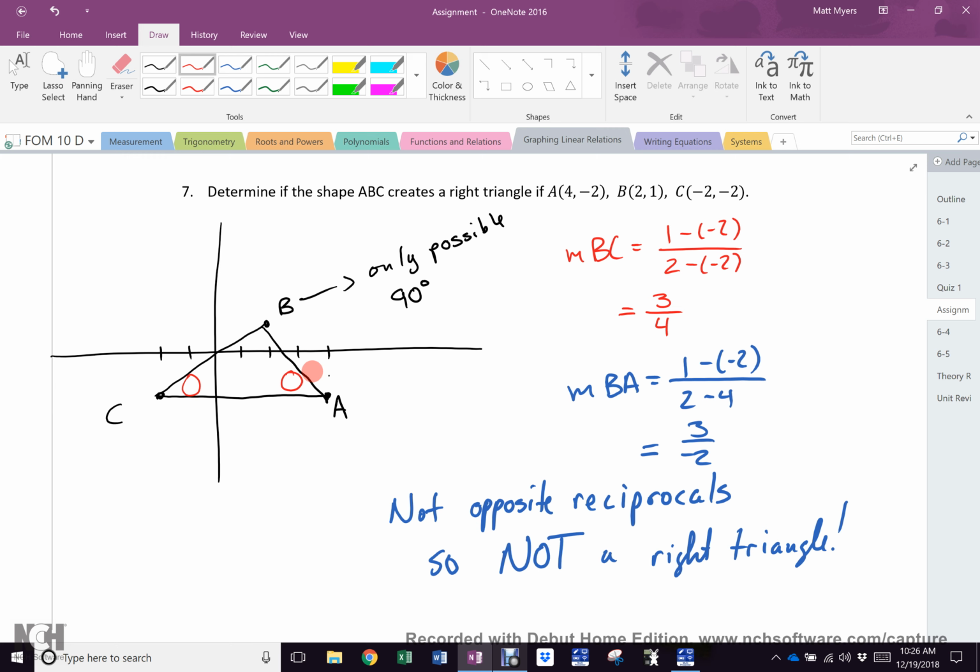Well, unless you check, if you didn't sketch it, you'd have to check all 3. When you sketch it, the only one it could possibly be is here. These 2 are obviously not right angles. So this is the only one you should have checked. If you were only going to check one, you got to check that one. If you didn't draw it, you got to check all 3.